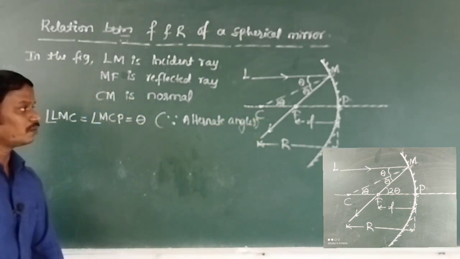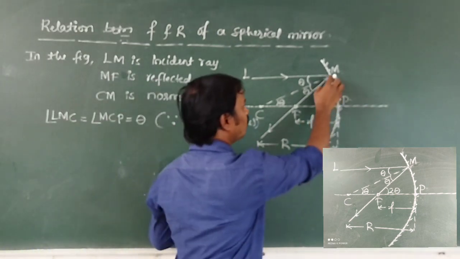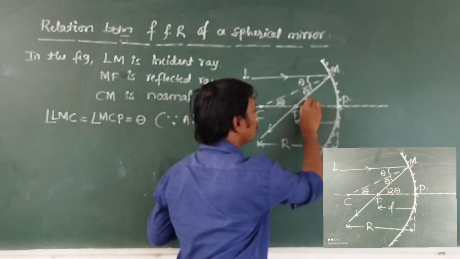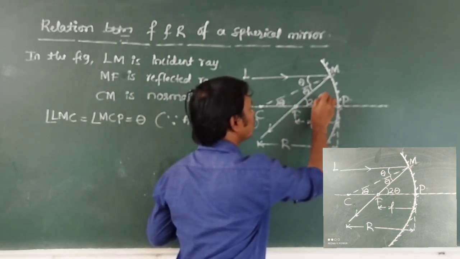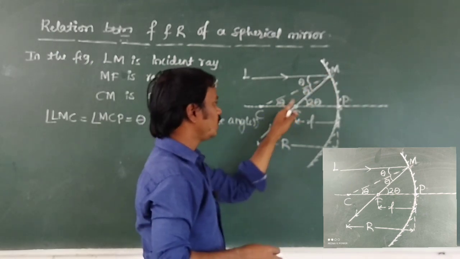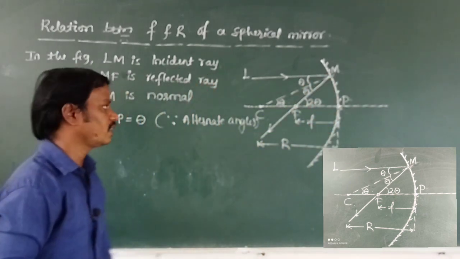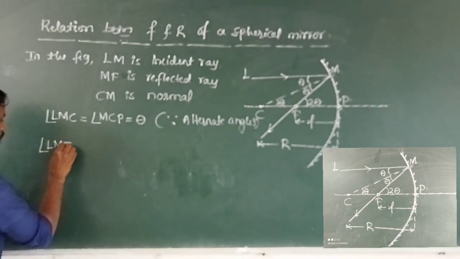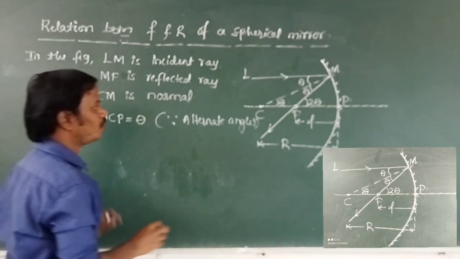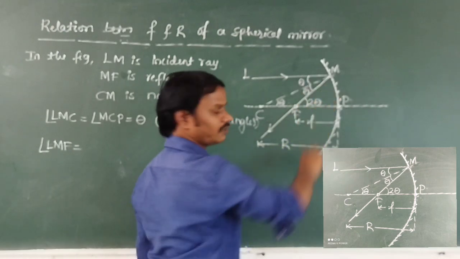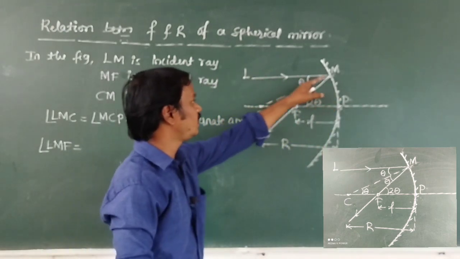Now, what is the angle MFP? That is 2 theta. Why is it 2 theta? See here, angle LMF and angle MFP are alternate angles. What is the angle between LM and MF, that is, between the incident ray and the reflected ray?